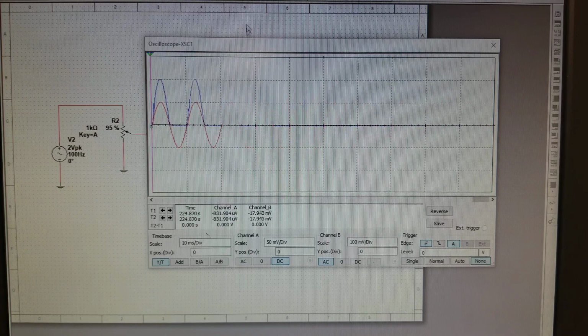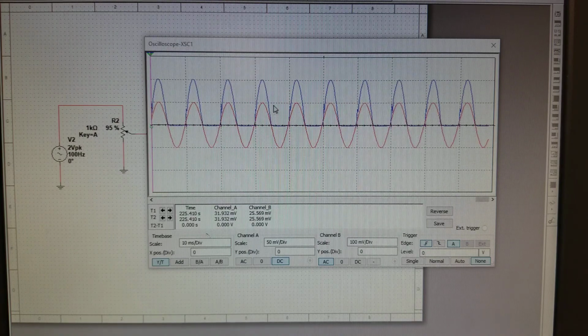There we have it, 2 boxes tall, and we'll verify it with our flags. Right there at peak, we're looking at 100 millivolts for our output.